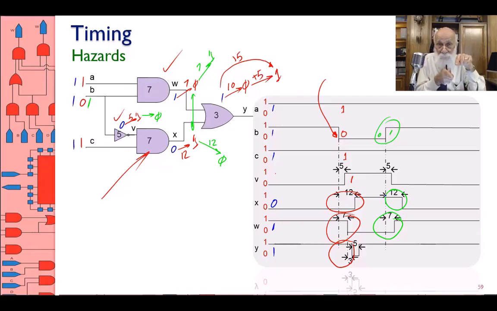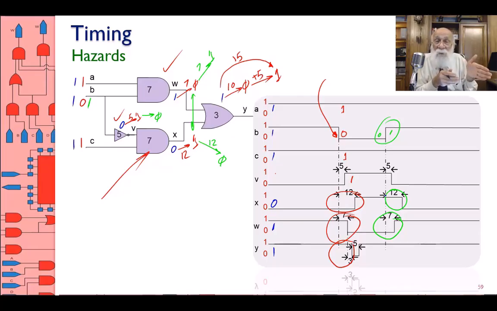point. So what is really happening in the first case, when B changes from 1 to 0, there will be a little time, which is the 5 nanosecond time, that the lower input of the OR gate wants to become 1, but it has a delay.